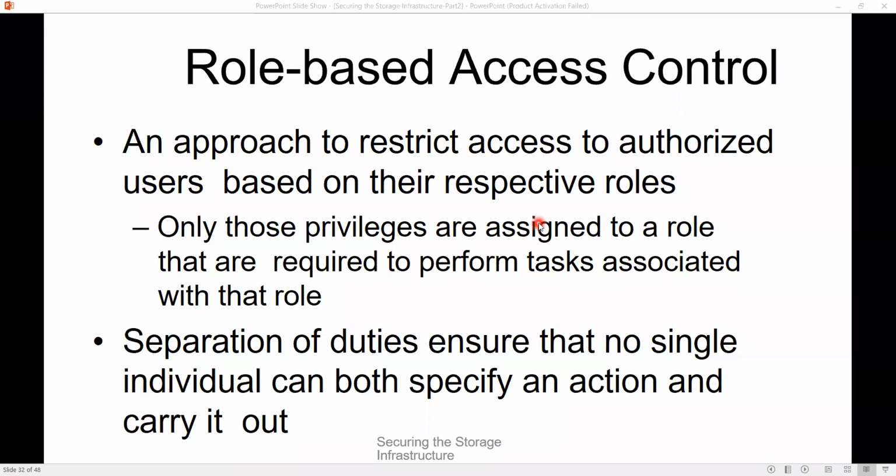This separation of duties ensures that no single individual can both specify an action and carry it out. So according to the duties and roles, we can ensure the actions that are being performed on that particular file or pool or directory.